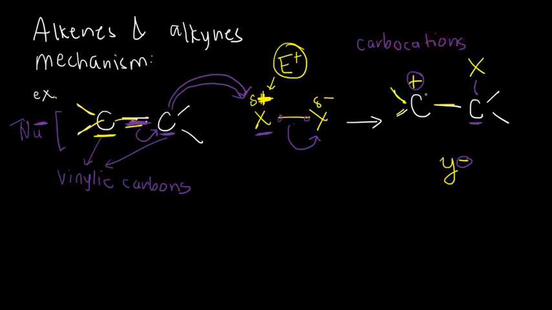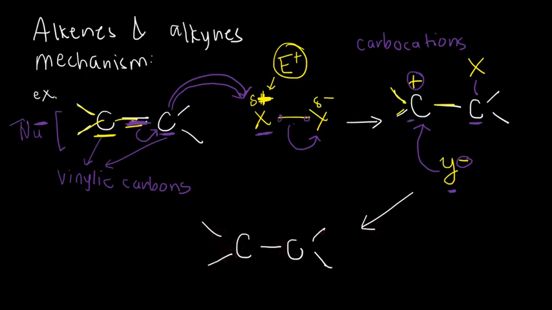So right now, you can just imagine that my carbocation right here and my negative Y right here, which we can see have opposite charges, are a perfect match. So you can imagine that Y would be giving out one of its electron pairs to this carbon, effectively bonding the carbocation and Y, and when they bond, their charges cancel out. And so if that happens, then our ultimate product would be like this.